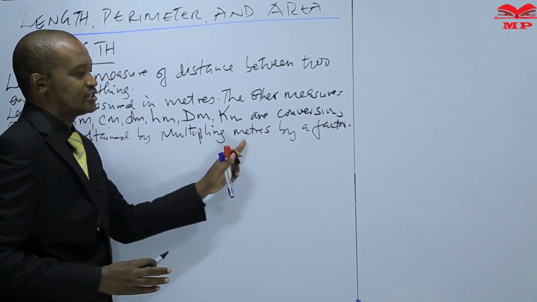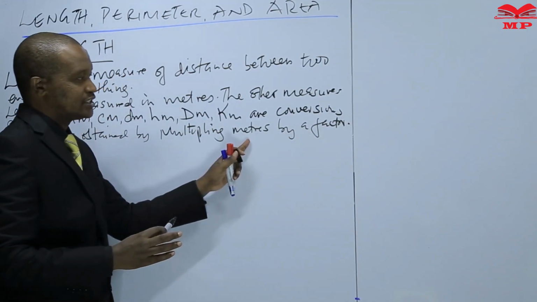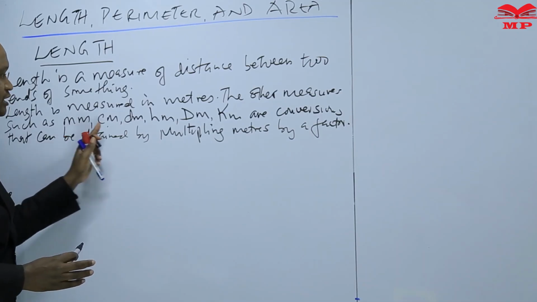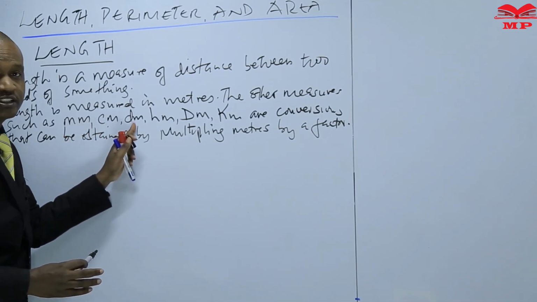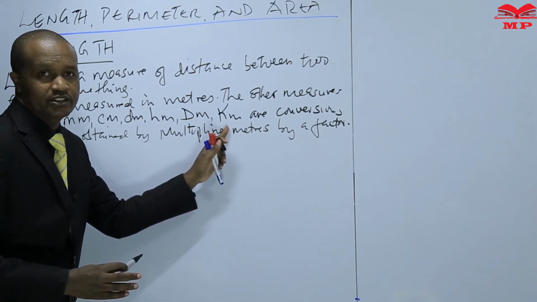When you multiply meters by a certain factor, then you'll be converting meters into either the millimeters, the centimeters, the decimeters, the hectometers, the decameters, and the kilometers.